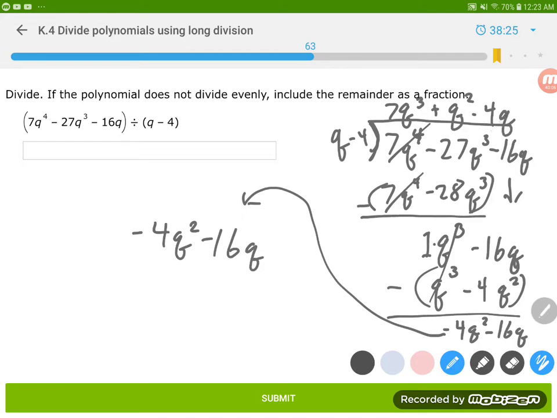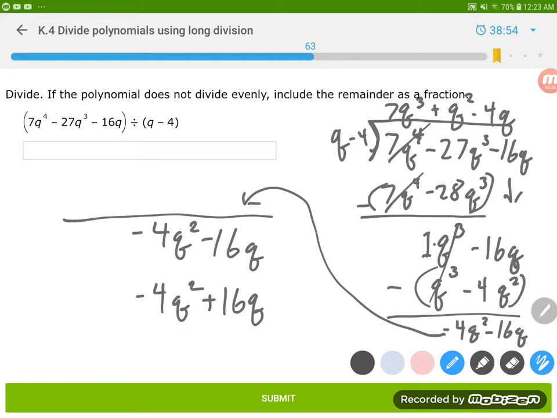Okay, so negative 4q times q is going to be equal to negative 4q squared. So we'll pretend like that was the problem, right? So negative 4q squared, and then negative 4q times negative 4 will equal a positive 16q.